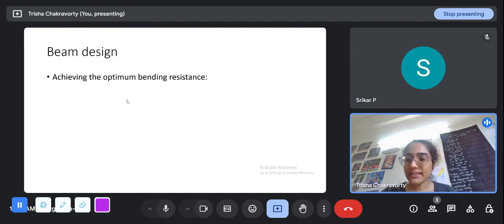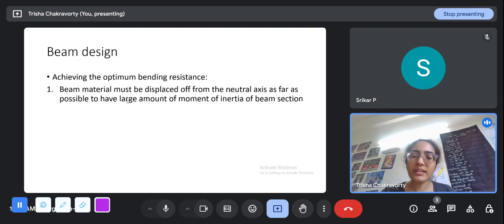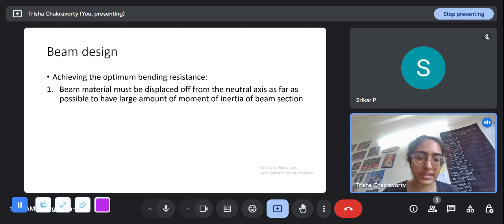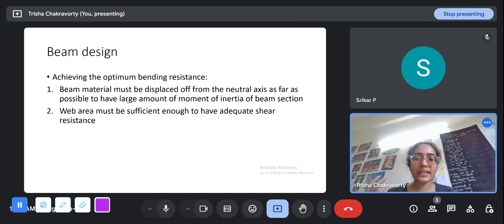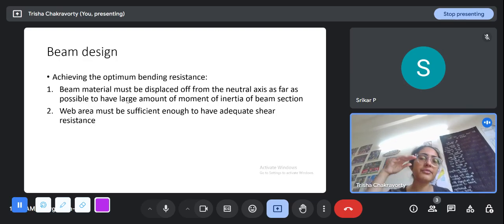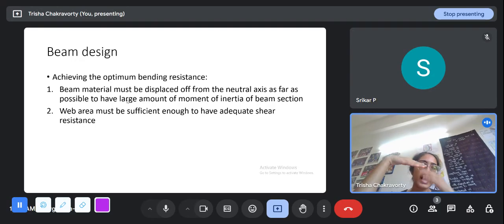Beam design. To achieve the optimum bending resistance, beam material must be displaced from the neutral axis as far as possible to have a large moment of inertia and a large flexural strength, so the flanges take the flexure and the web takes the shear. So for the web area and thickness, the depth might be fixed due to other considerations, but the thickness we can vary.